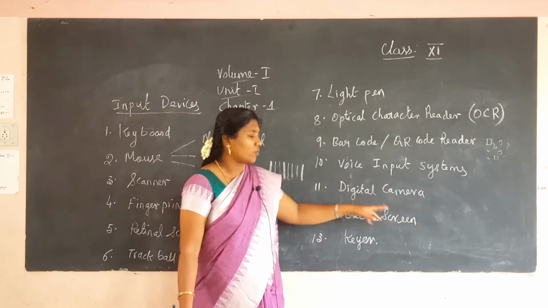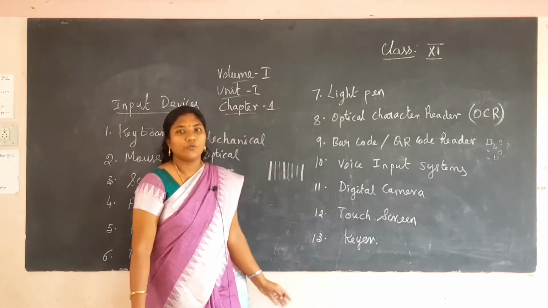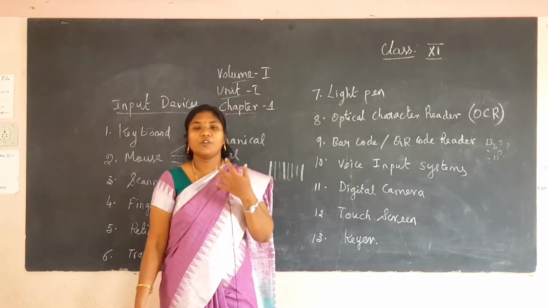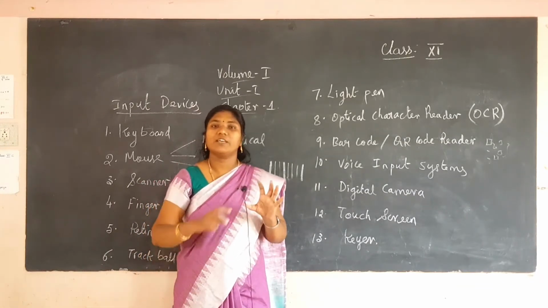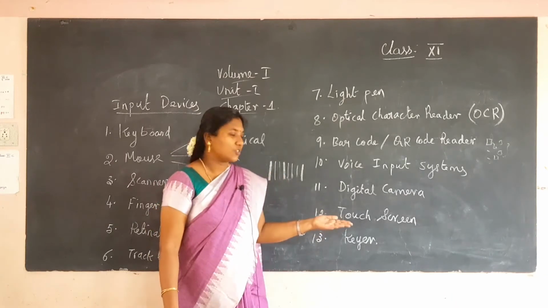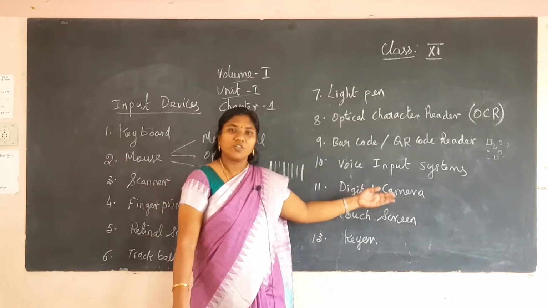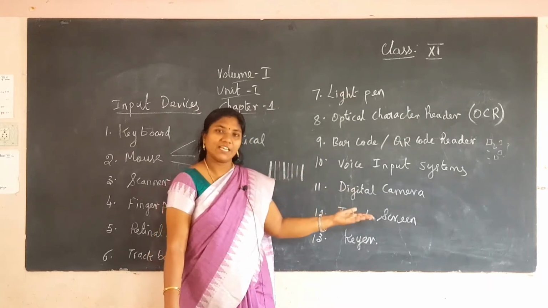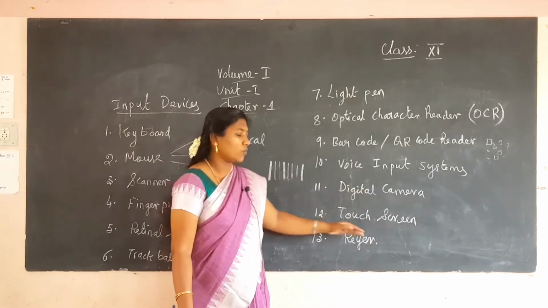And the next, the 11th one, digital camera. You know very well digital camera is used if you want to take videos or give a live relay. It also captures the images or the video and then gives us an input to the system. And the 12th one, touch screen.